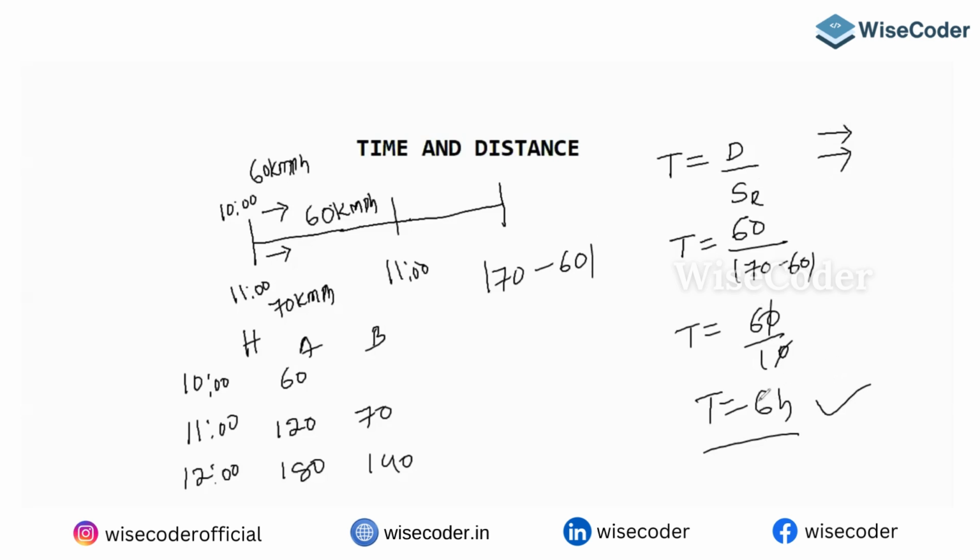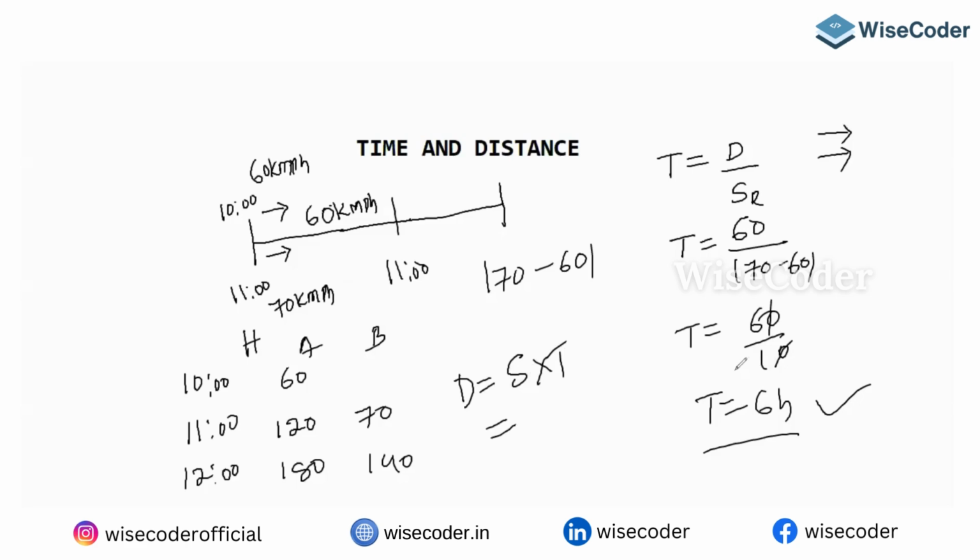Okay, I got the time and I want the distance. What is the distance formula? The distance formula is speed into time. Which speed do you have to take? You have to take the second train speed. Why the second train? Because after 6 hours the second train will catch the first train.